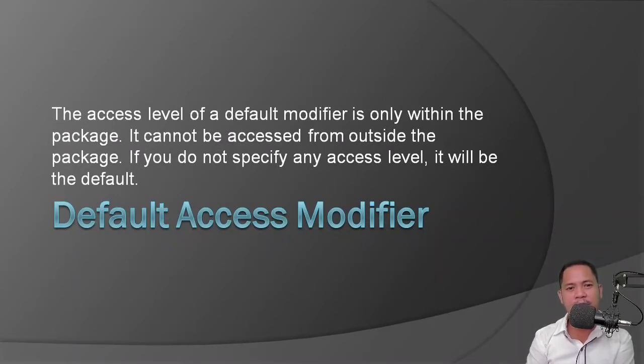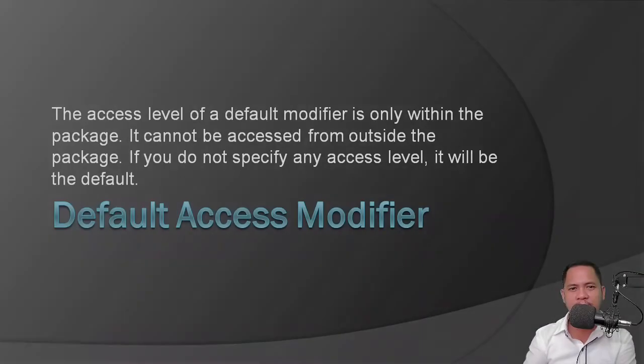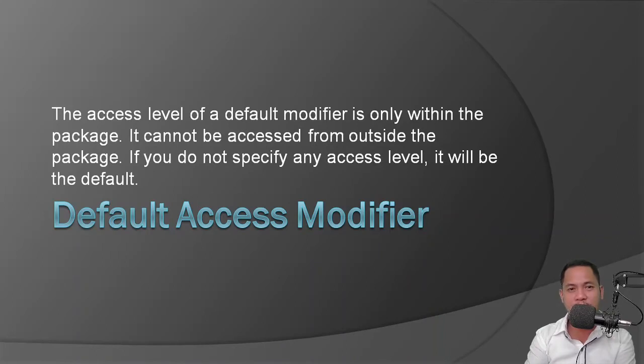A default access modifier, once again, can be achieved by not giving any access modifier to any member of your class. When I say member of a class, it includes a field or property, the methods, as well as the constructor. These are the class members which can be given an access modifier. But if you do not put an access modifier on any of these members, it is going to have the default access modifier.